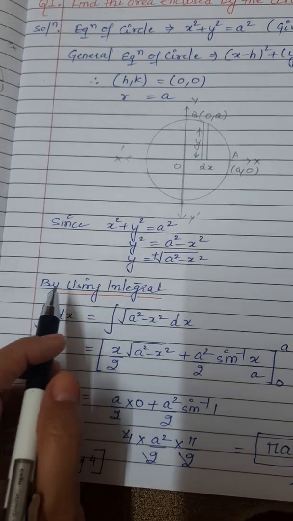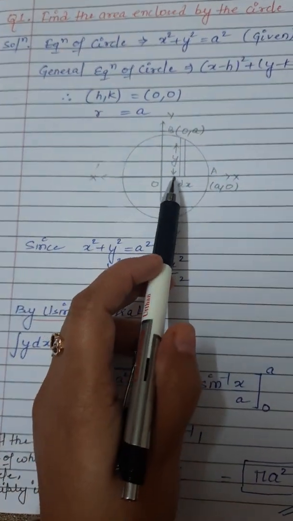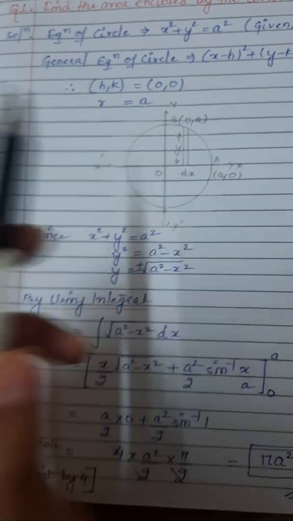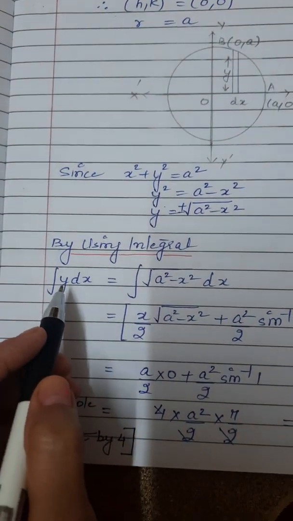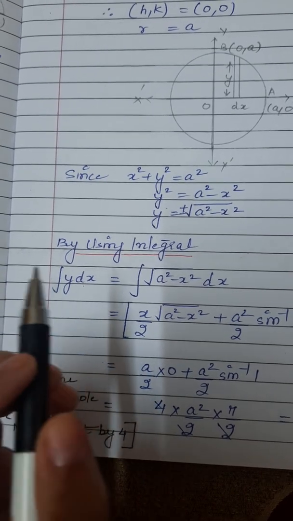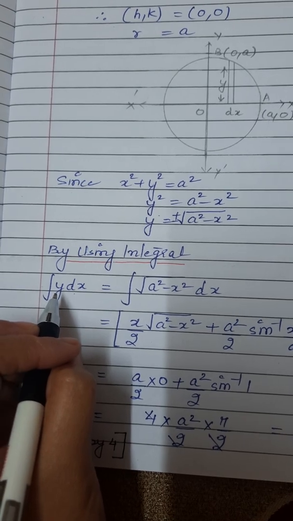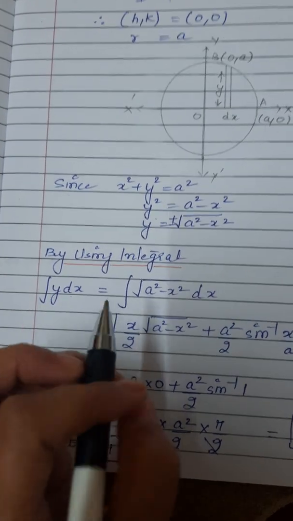Now, by using integral, we know the area of the rectangle is equal to length into breadth. So we can write y into dx. Now you have to change the value of y in x.